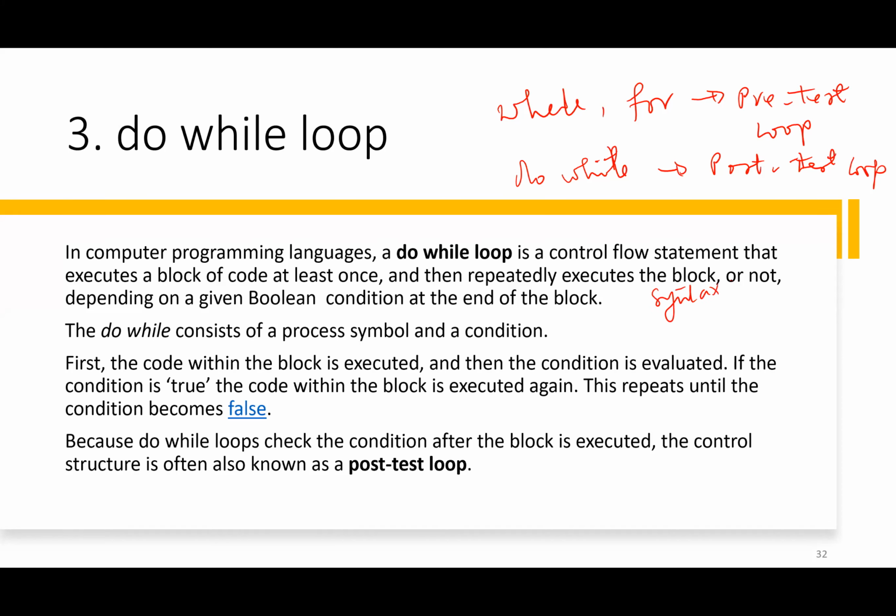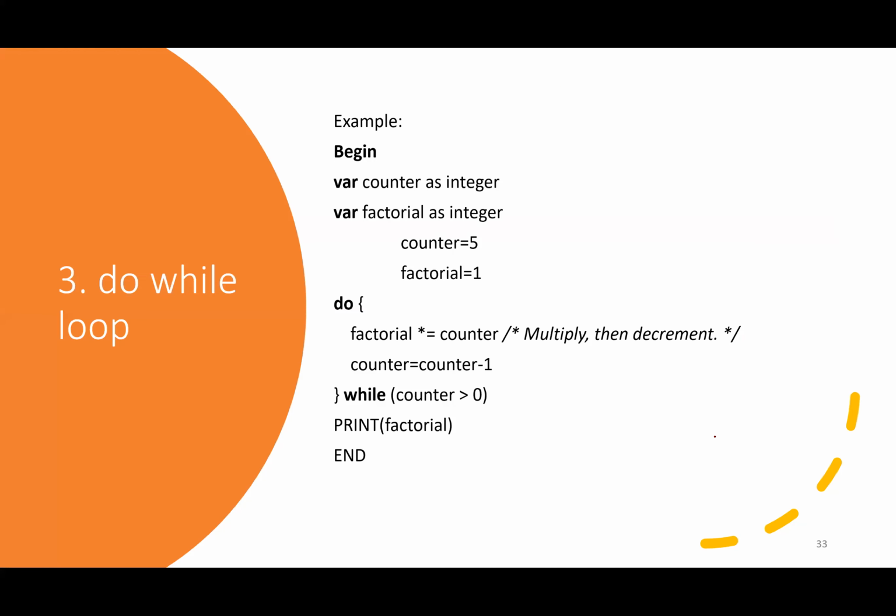The syntax is: do, then after do we have a statement, then while, then we have a condition. So this is the syntax. Here we have an example program. Any question?